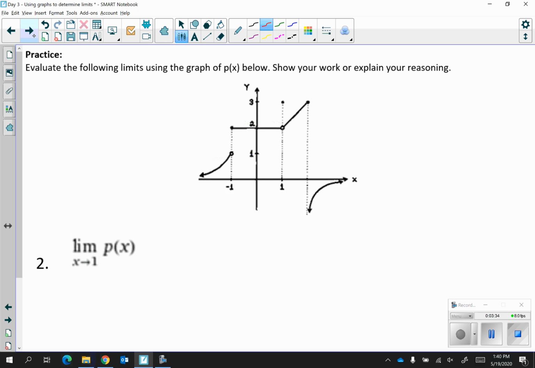Going on to as we approach x equals 1. So I'm going to find the limit as x approaches 1 from the negatives and the limit as x approaches 1 from the positives.